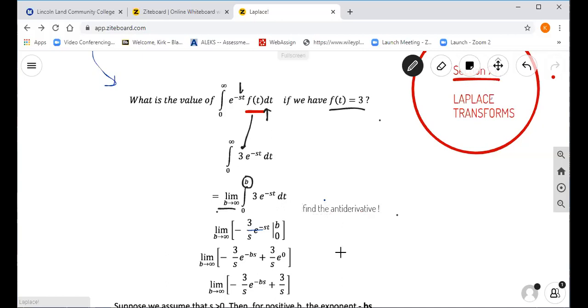Well, that's an exponential, and since it's an exponential whose exponent is negative st, and we're integrating with respect to t, that's simply going to mean that our antiderivative here is negative 3 over s times e to the minus st. That will be the antiderivative that we arrive at.